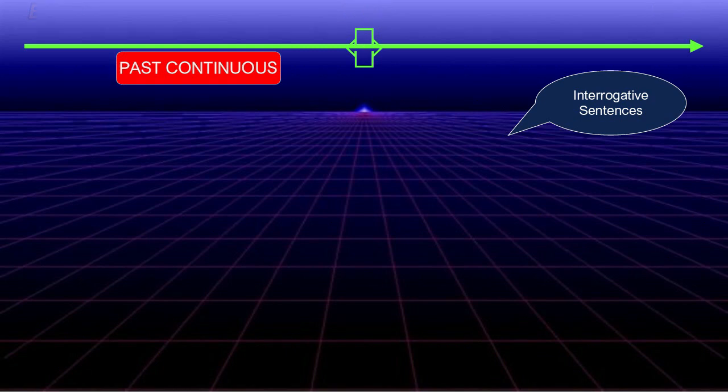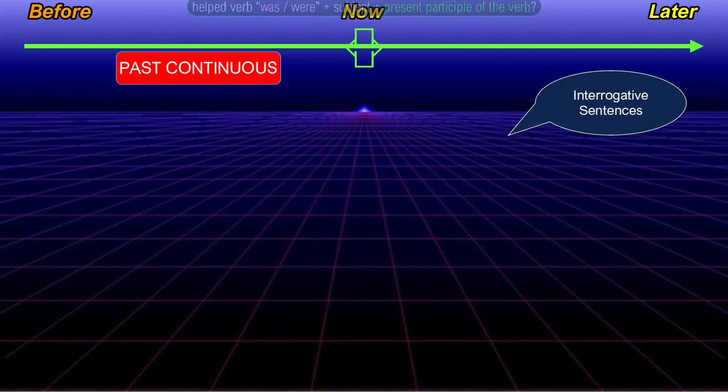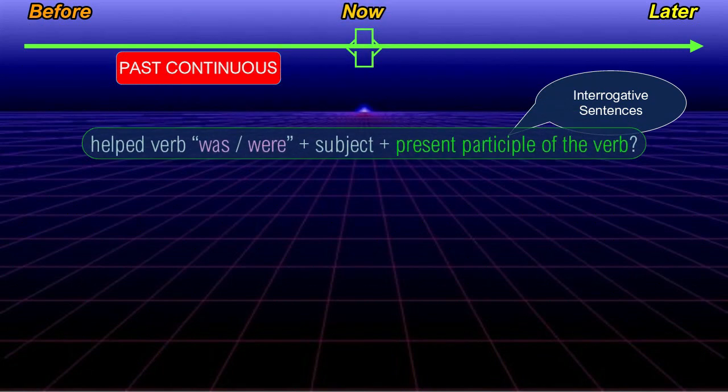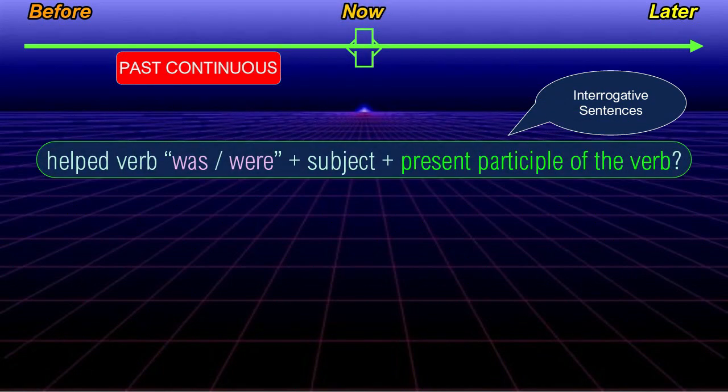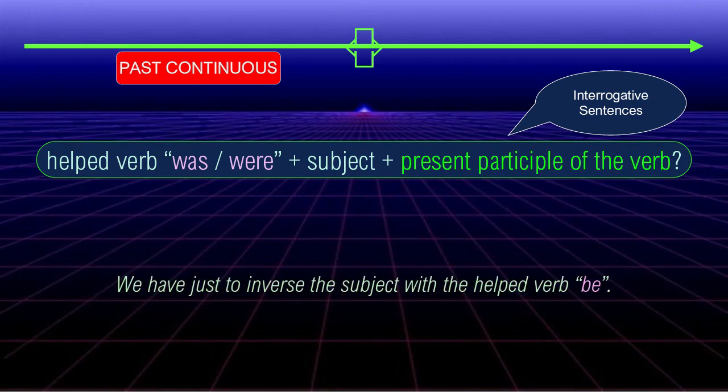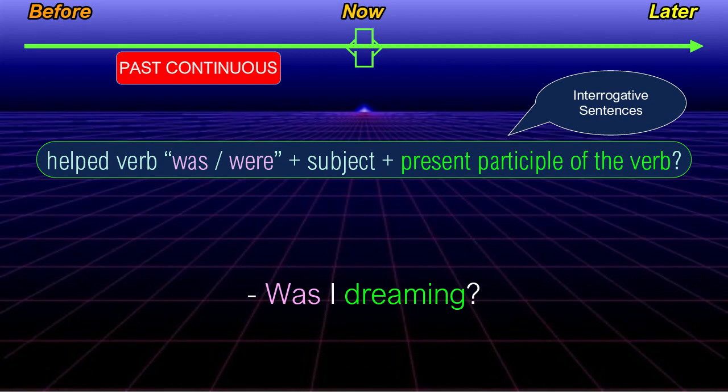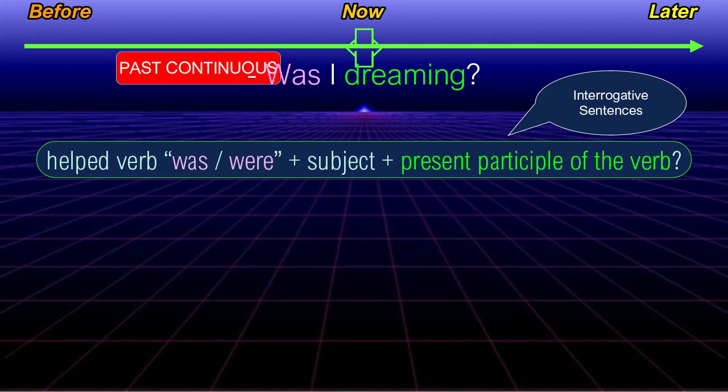The structure of the past continuous in interrogative form is helping verb was, were, plus subject, plus present participle of the verb. We have just to invert the subject with the helping verb be. Was I dreaming?